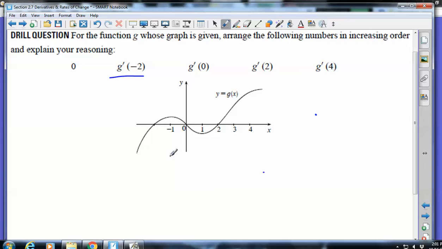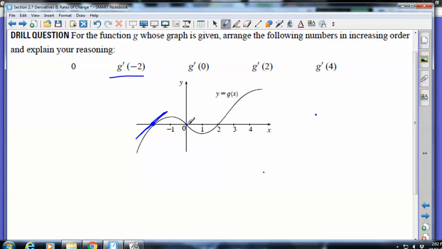But what's g prime of negative 2? That's our definition. That's the derivative, which is also the slope of the tangent line. So if I drew my tangent line at negative 2, that is not a perfect line, but we're just going to do our best here. This is estimating the slope of that line.